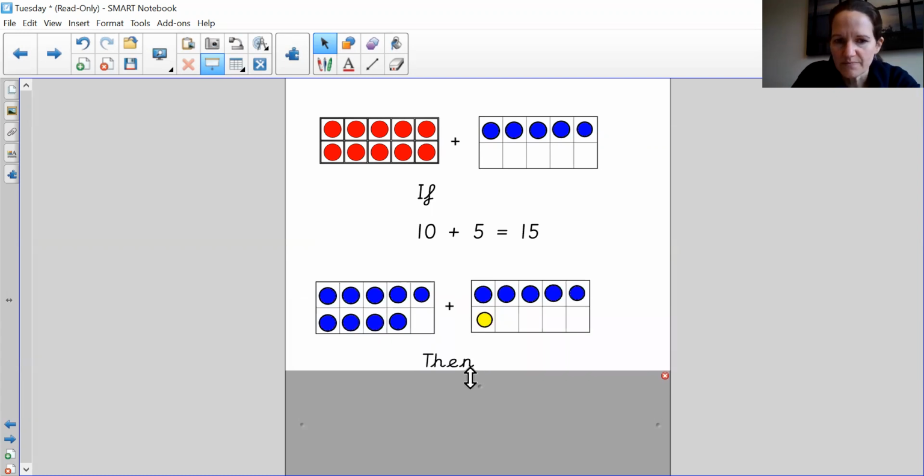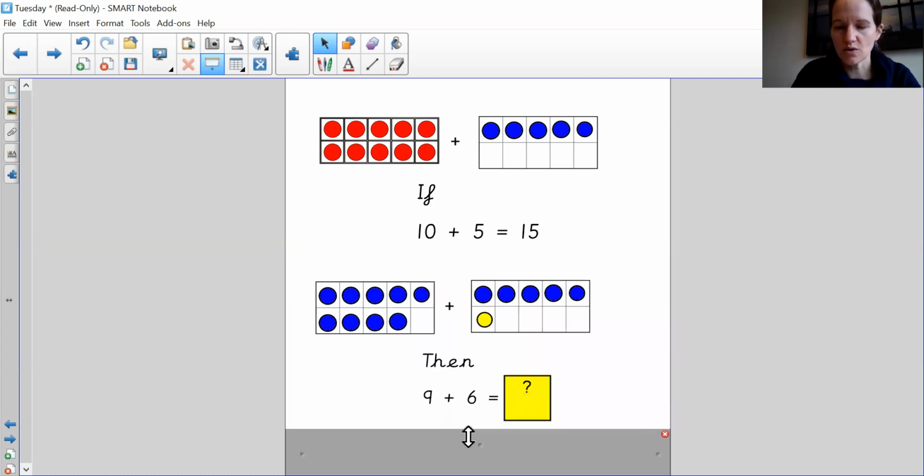What about if I had this question instead? 9 plus 6. Now, it's trickier to add 9 and 6. Those are two numbers. It's easier to add if we have a base of 10. So what I'm going to do is I've split them up here. I've got 9 in this tens frame and 6 in this tens frame.